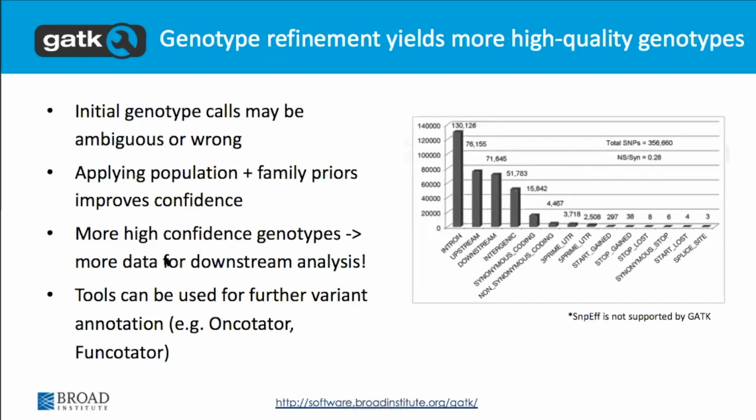And so at that point, you have variant calls with high quality genotypes. The next step is functional annotation, the prediction of the functional effects that I mentioned yesterday. We used to recommend a tool called SnpEff, but now GATK has a functional annotation tool called Funcotator.